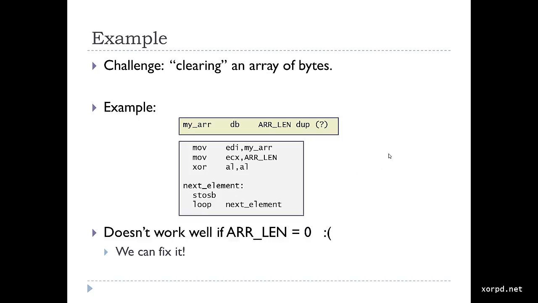An important thing to see here is that this doesn't work very well if rlen equals 0. Well, maybe I'm a bit pedantic here, but this is going to be important later. So we want to solve this problem. Let's think, for example, what happens if rlen equals 0 for some strange reason.